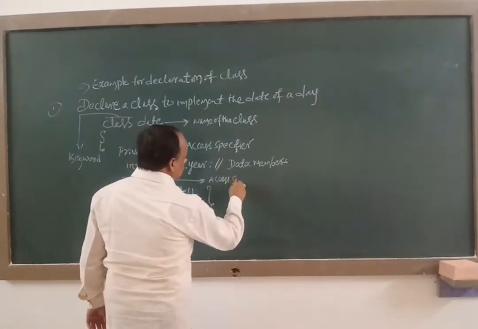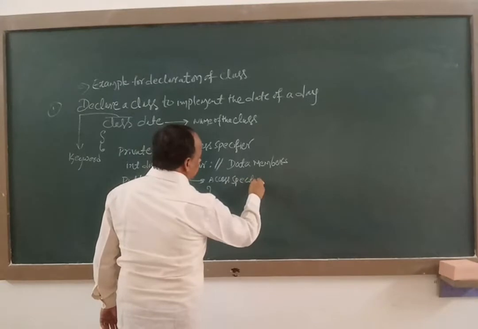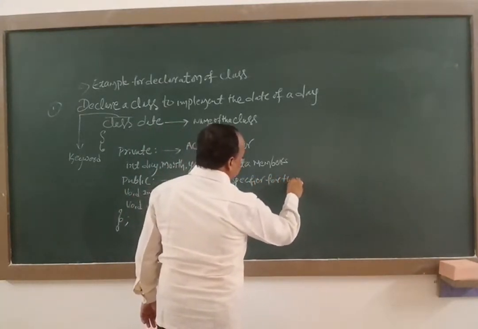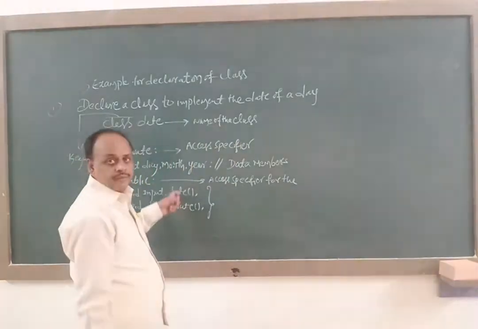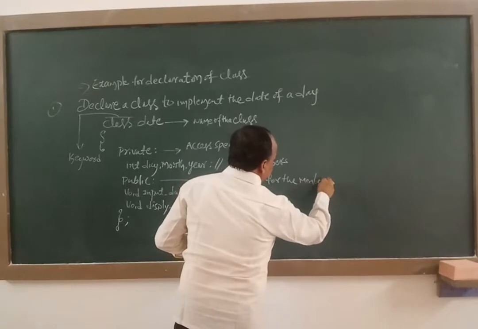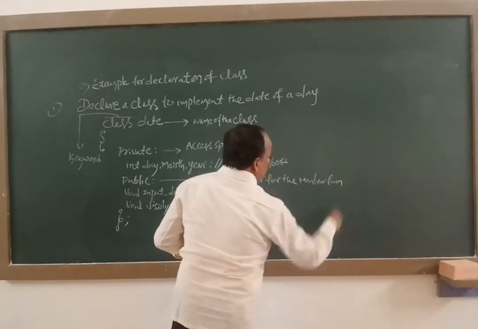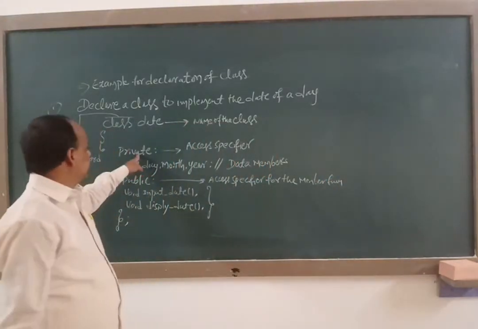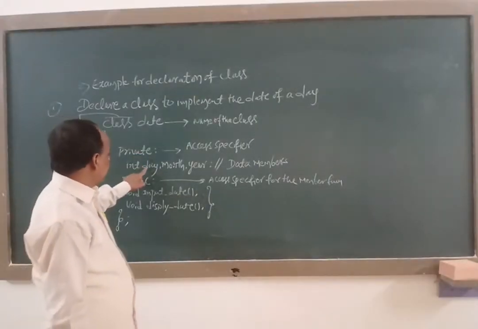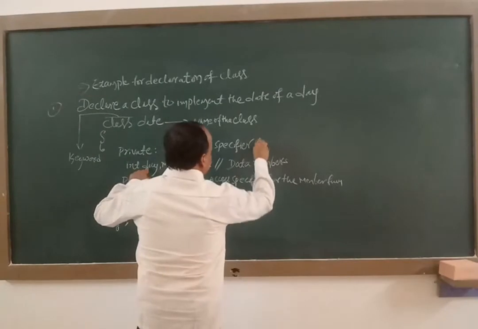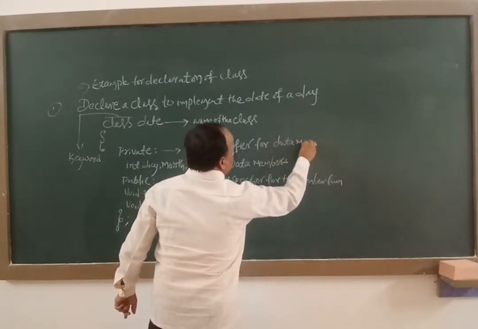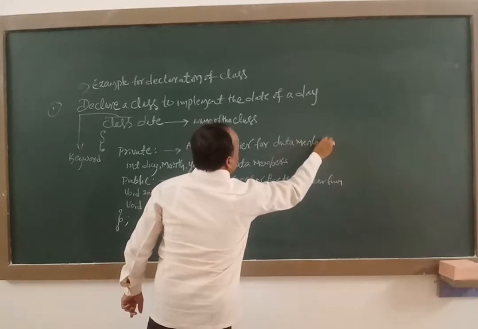Access specifier for the member functions, right? And this access specifier indicates what? Access specifier for data members, right?